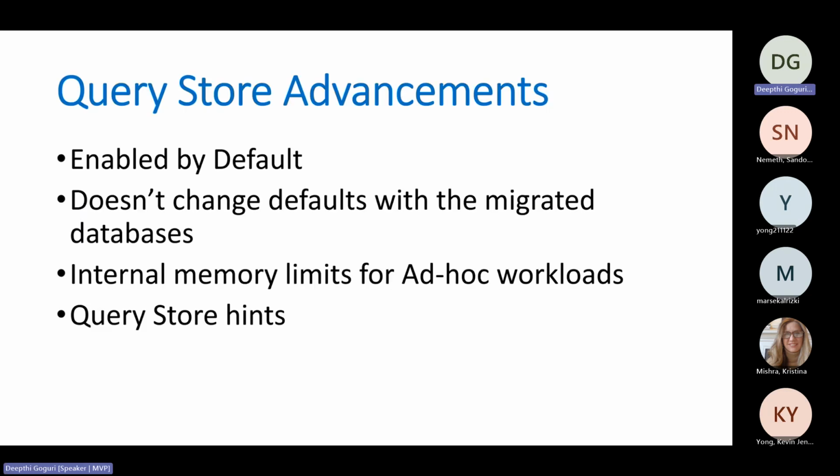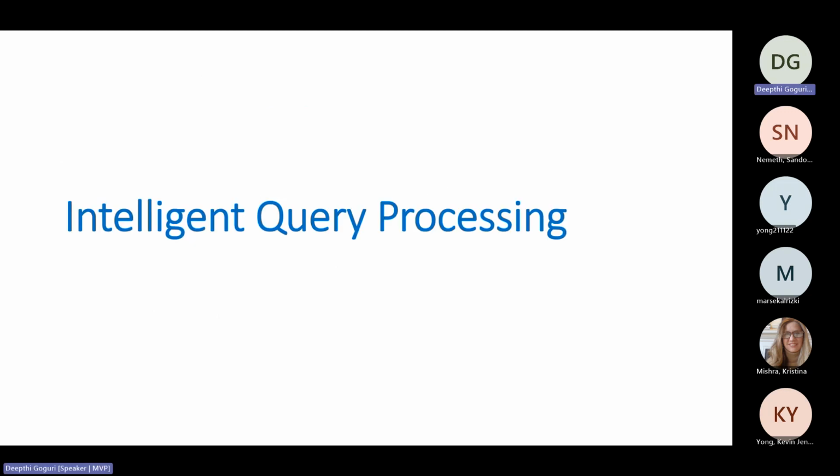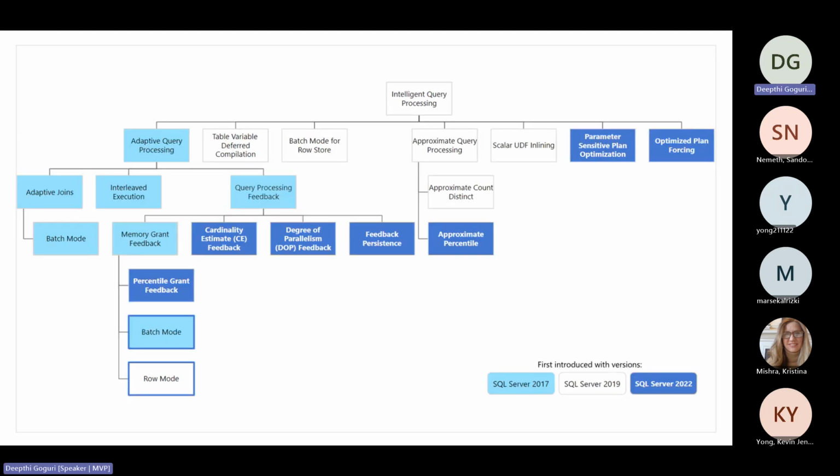But let me go ahead and talk about one of the intelligent query processing features, then go to the demo, and then come back again and talk about the other IQP features.